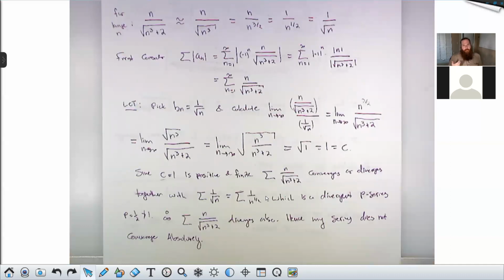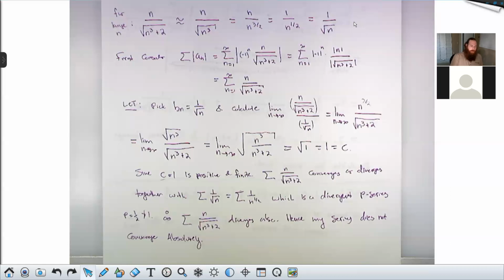But now it still remains whether my series diverges or converges conditionally. It's going to turn out that this series converges conditionally because it's like the alternating 1 over root n series.